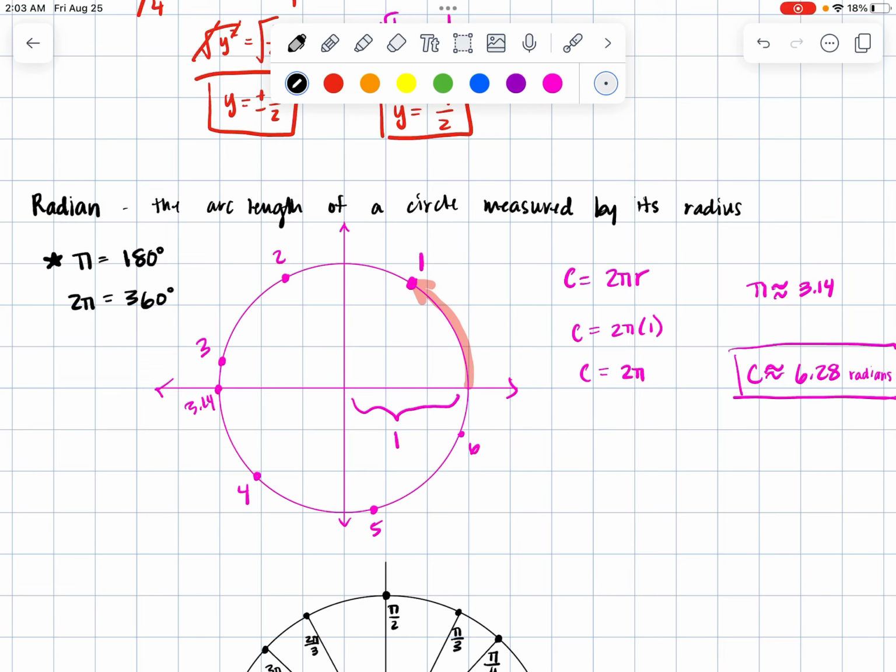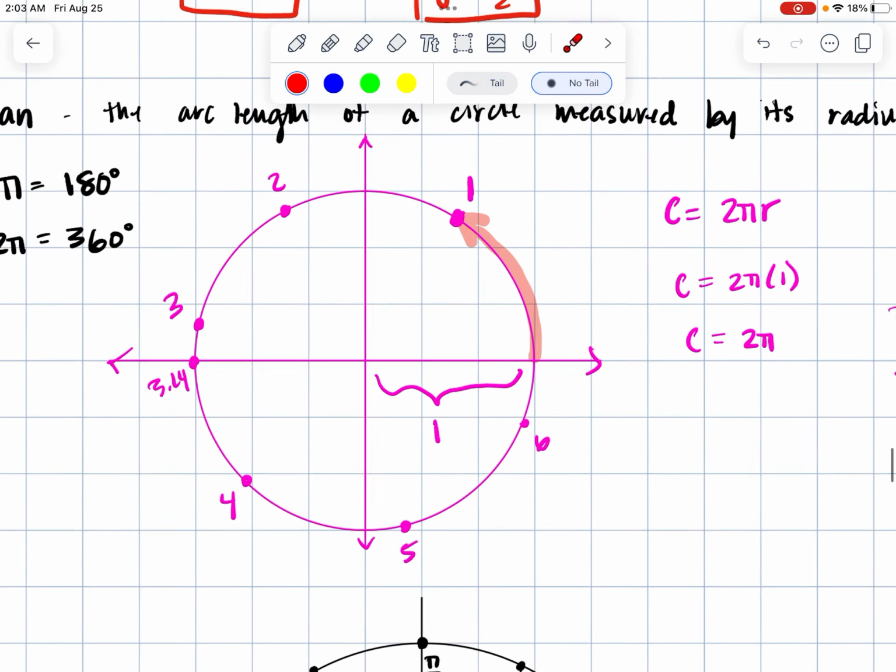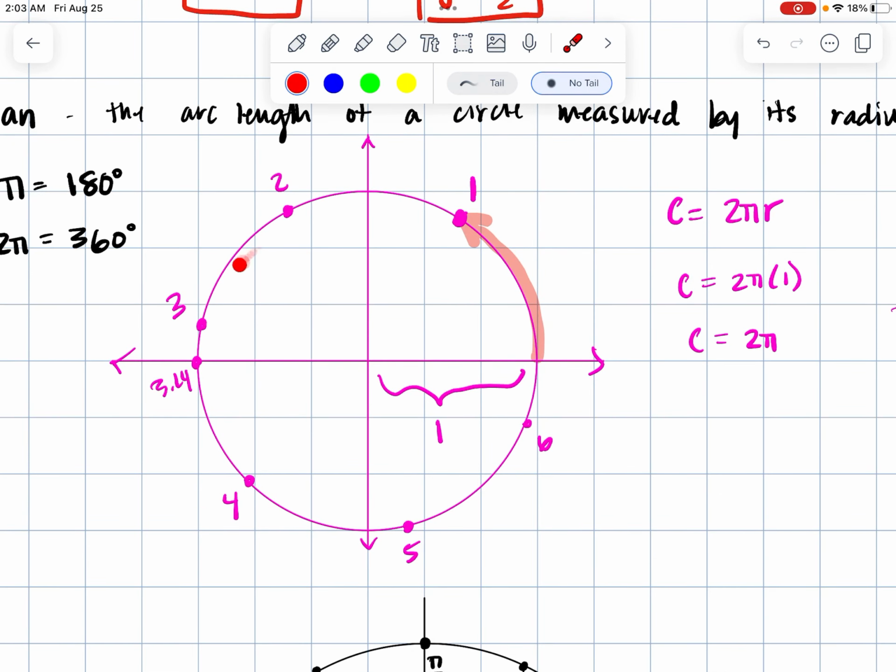So we know pi is equal to 3.14, right? And if we travel 3.14 on the unit circle, that lands us on 1 pi or the 180 degree mark.